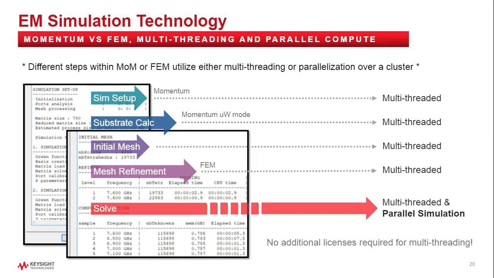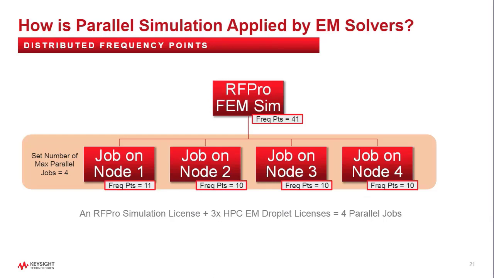And the multi-threading actually comes free. There are no additional licenses for you to buy. So if you have a local machine with a lot of cores, you can utilize all those cores at no additional cost. The most time for the entire solve is really spent on the frequency sweeps.